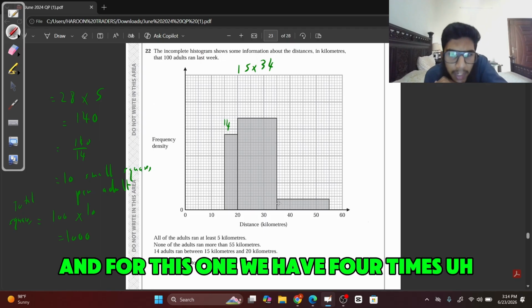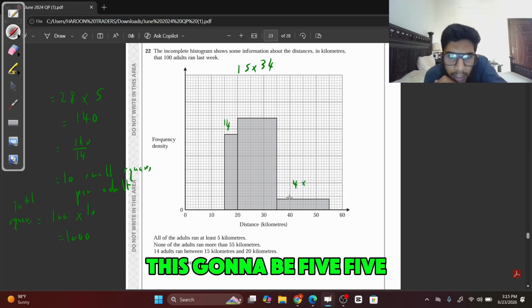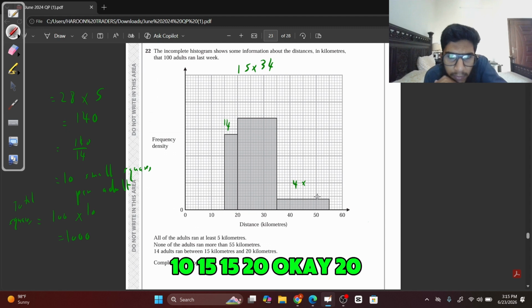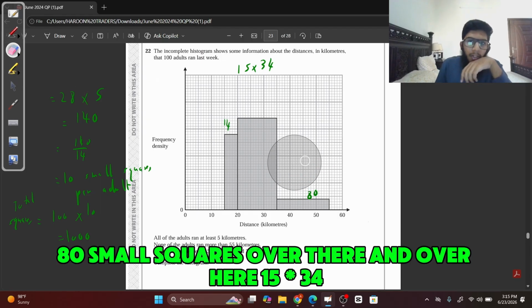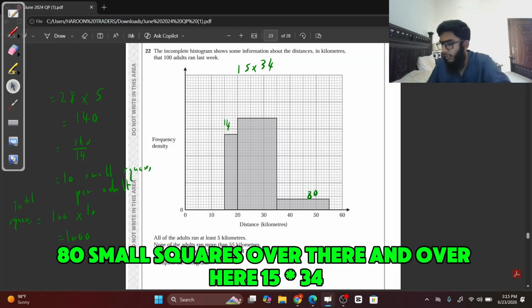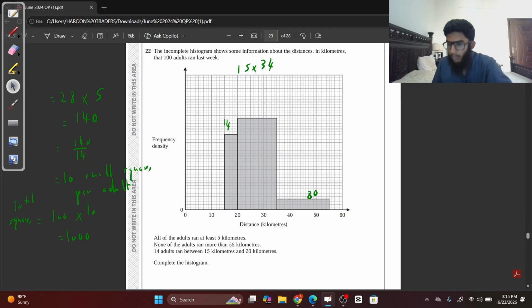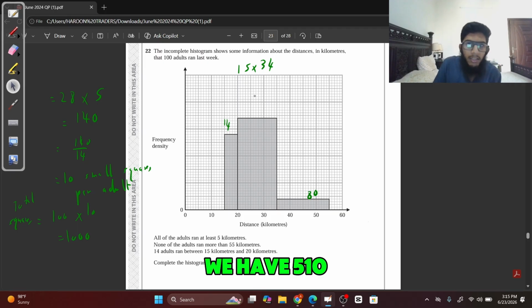And for this one, we have 4 times, this is going to be 5, 5, 10, 15, 20. So that is 80 small squares over there. And over here, 15 times 34, we have 510.